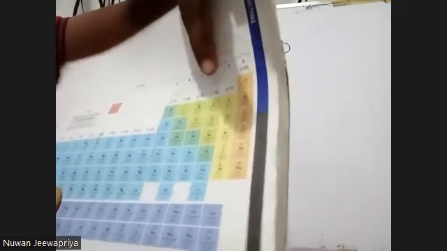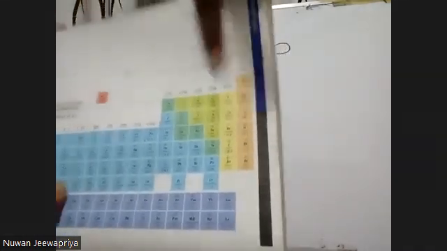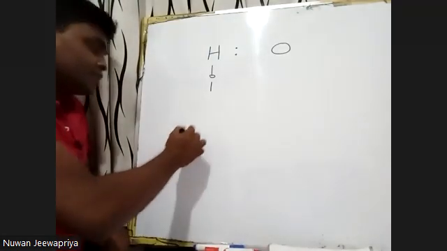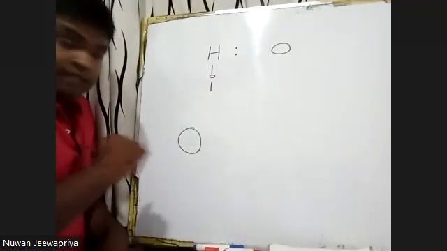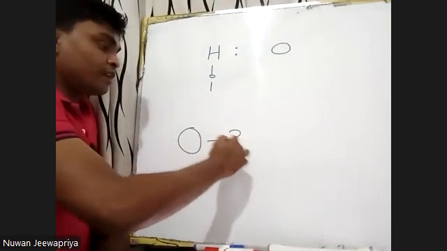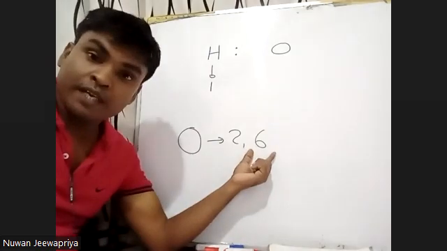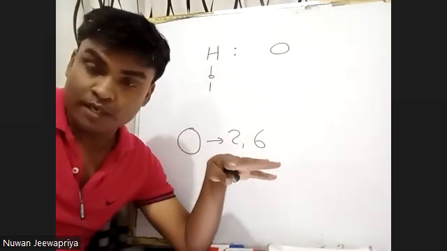Similarly, when I consider oxygen, oxygen is here. In the periodic table, oxygen's atomic number is 8. So how do we write it? 2 and 6. Oxygen has 6 outer electrons.